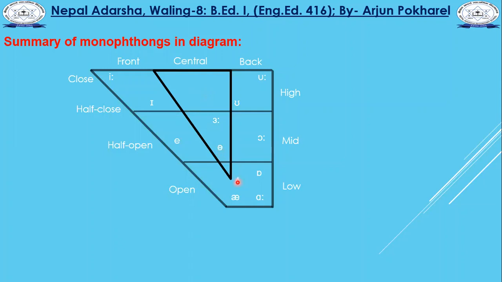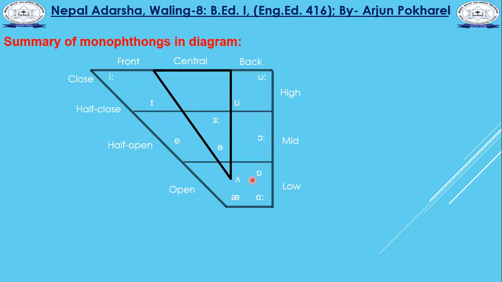And this one is a back vowel, and these are back vowels. And these are front vowels. They are front vowels. In this way, we show the distinction of vowels in English. We describe the vowels of English.